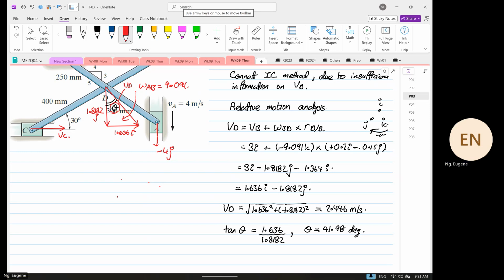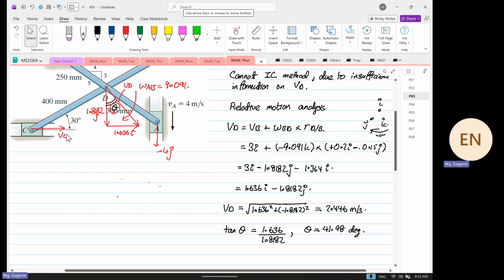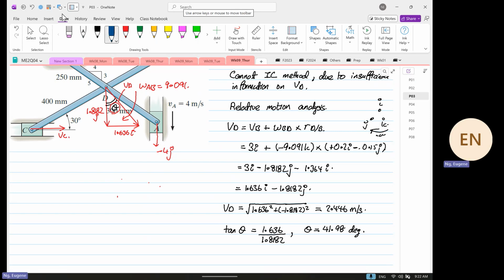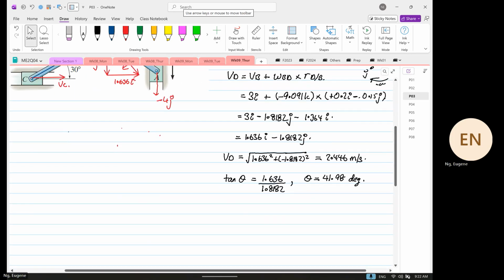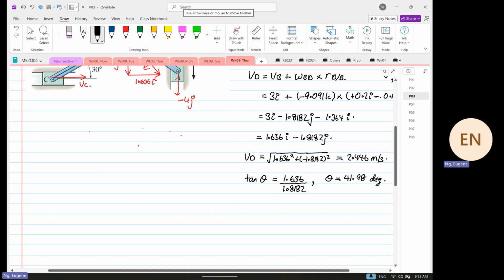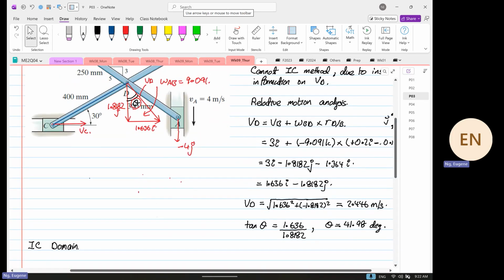From here, now we are going to bring everything back to the instantaneous domain. What do we know? We know this distance over here, and this distance over here. So now we are going to put the whole thing in the instantaneous center domain.